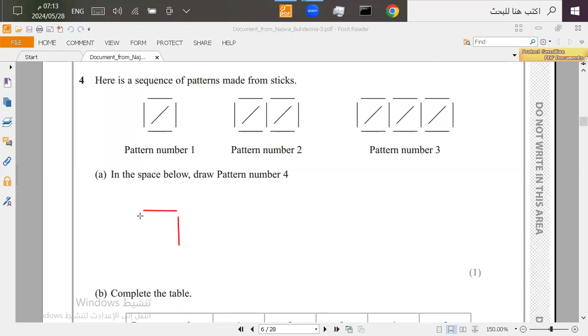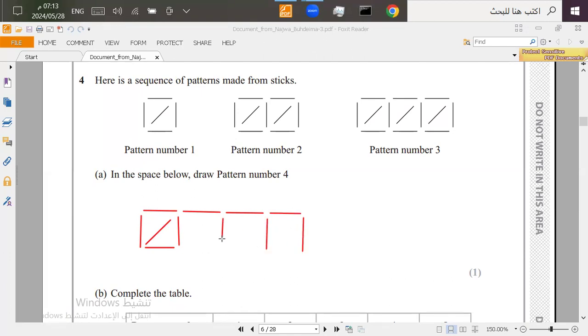Let me do it like this. One box. Let's do it the same way they do it. Next to it, another box, three and four. So we make them like this.